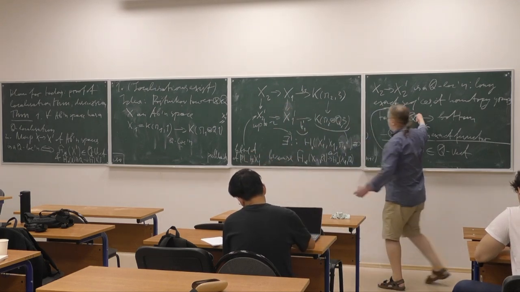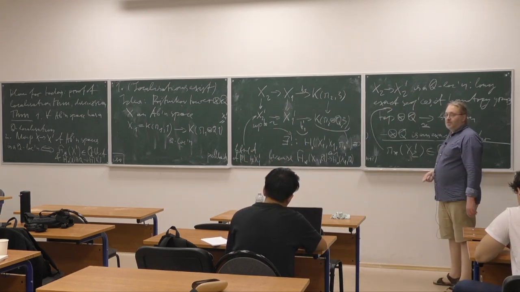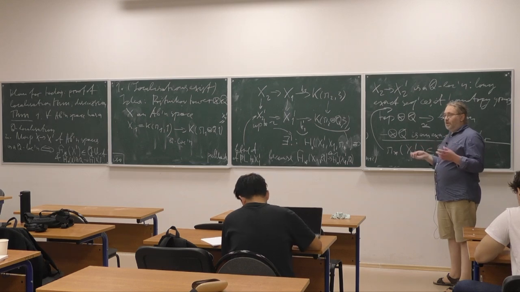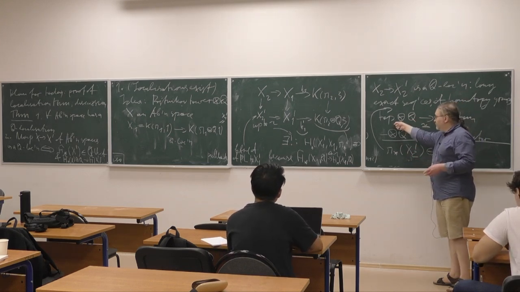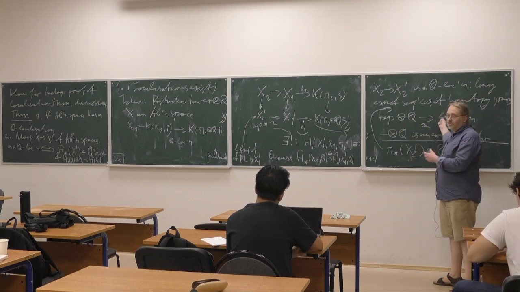Otherwise, I don't have this map. If I have a group which maps into another group, there is no guarantee the first group tensor Q will map to the same group.